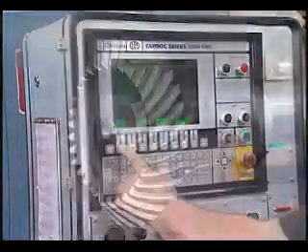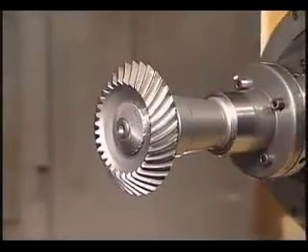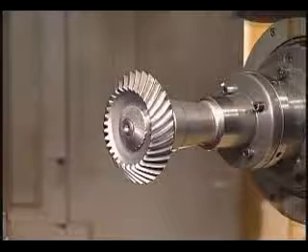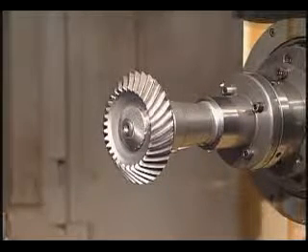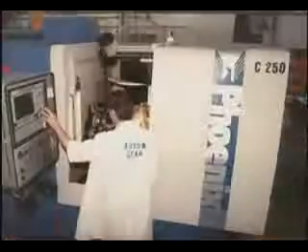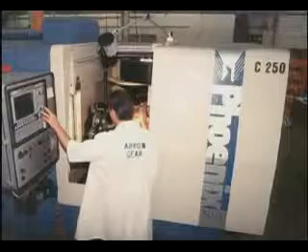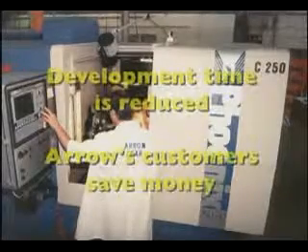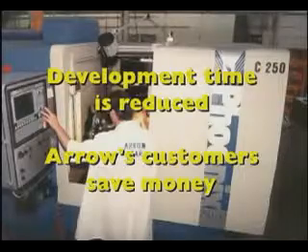In addition, these settings for the machine adjustments are automatically downloaded to the machine tools, greatly reducing the time spent on setup. And here's the dramatic part. Ideal settings of the machine tools, which are required to produce the desired contact pattern, are typically achieved in the first or second attempt. This system eliminates the trial and error process that was once required, and the bottom line is that development time is reduced and Aero Gear's customers save money.